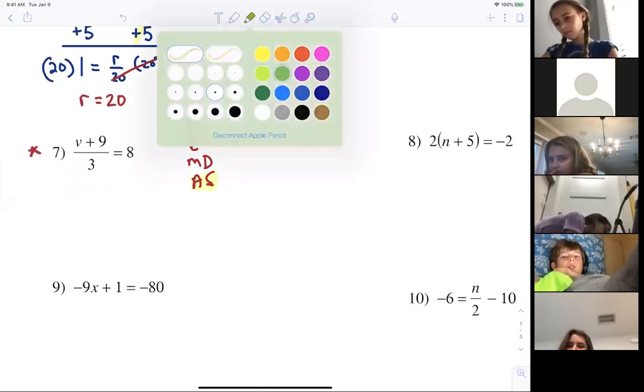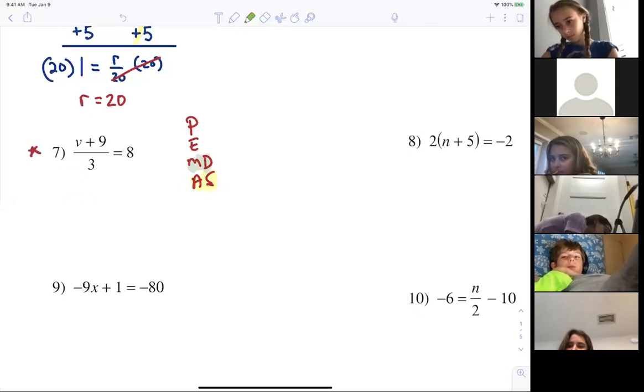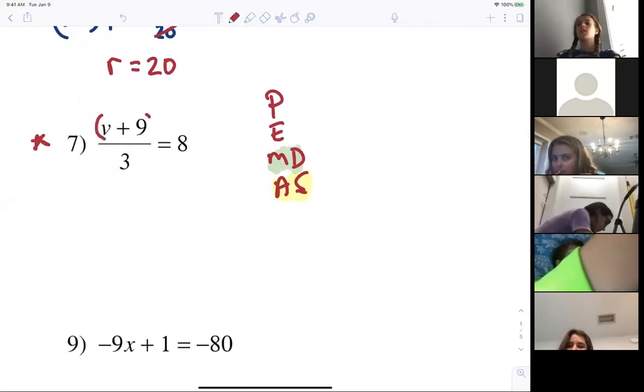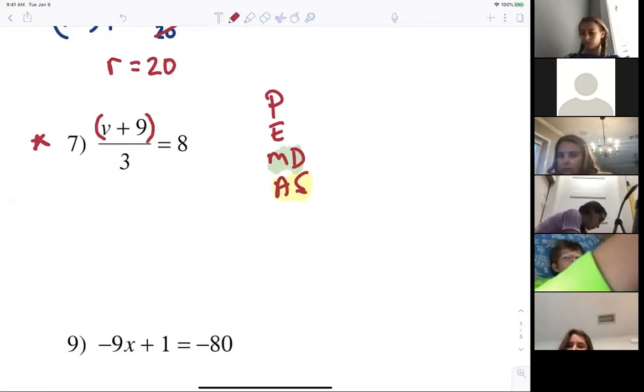Then you do the multiplication and division, all right? But what I want everybody to understand here is this is a quantity. That whole thing is being divided by 3. So if that whole thing is being divided by 3, I have to undo the division first, all right?